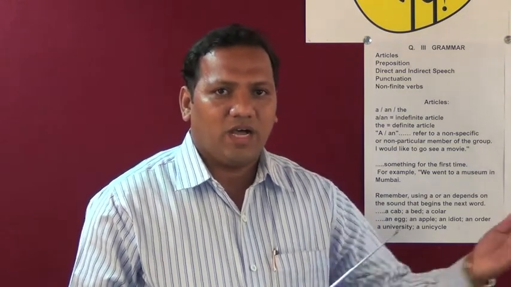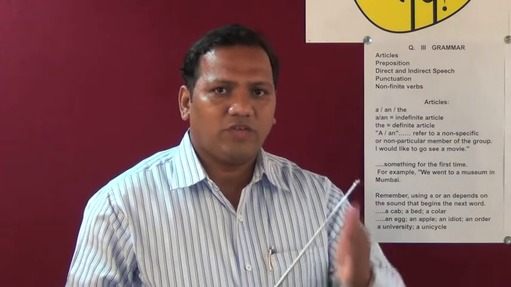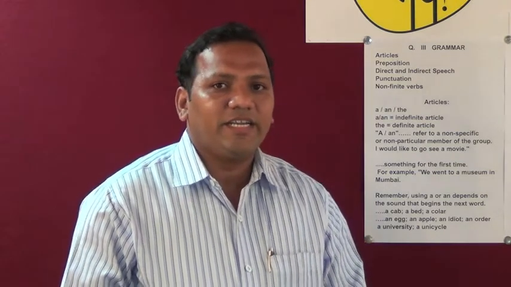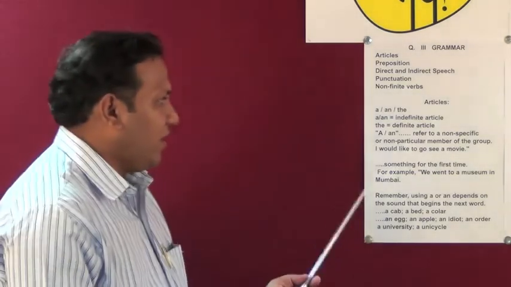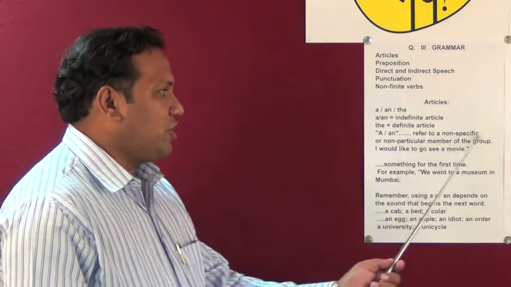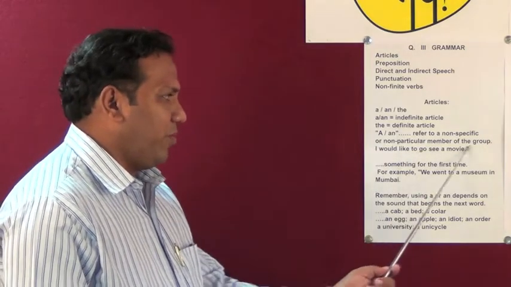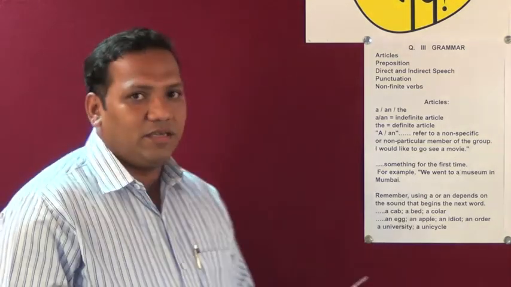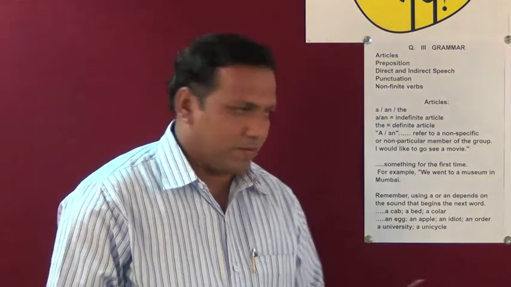For example, if you have a family doctor, that is Mr. Vadke, and you are coming out of your house and going to Dr. Vadke, that means you are going to the doctor. So the indicates particular and a indicates any. In a simple way, a and an refer to a non-specific or non-particular member of the group, whereas the represents the specific.